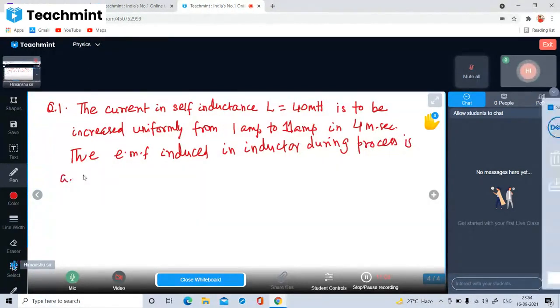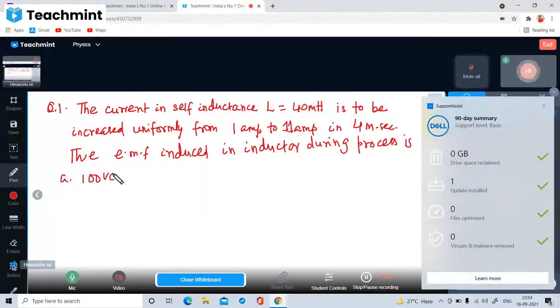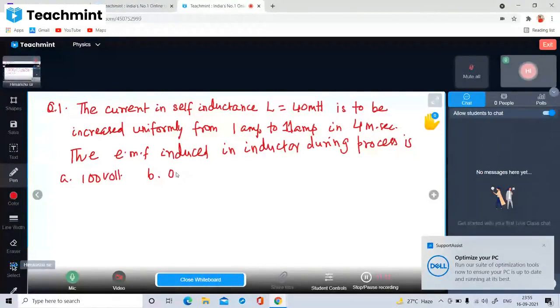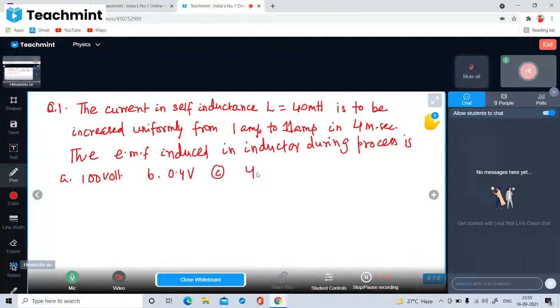Option A 100 volt, option B 0.4 volt, option C 4.0 volt, option D 440 volt.